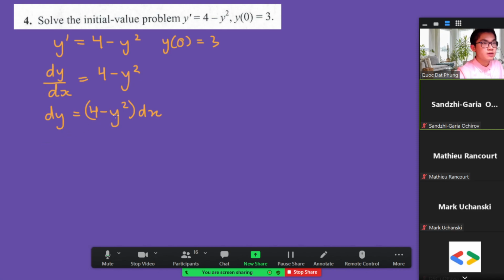Now we divide both sides by 4 minus y to the power of 2. And now we are going to integrate both sides. So you notice that the x and the y's are on one side now. So let me rewrite this here.